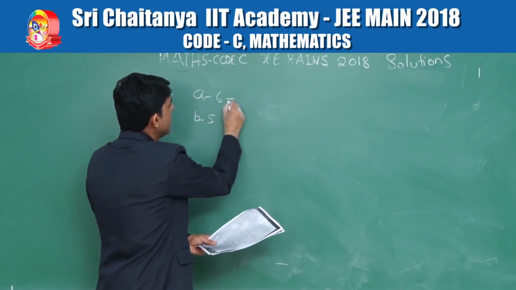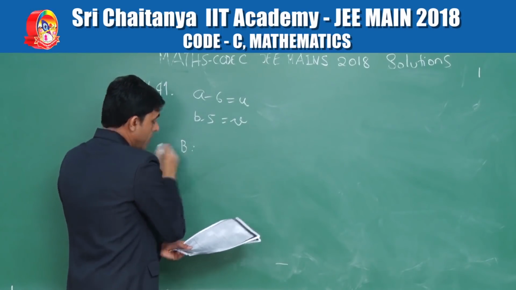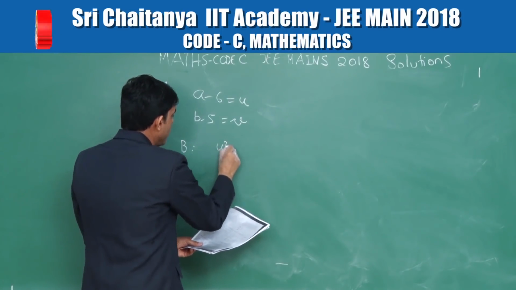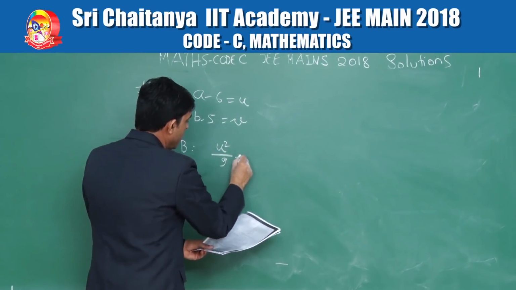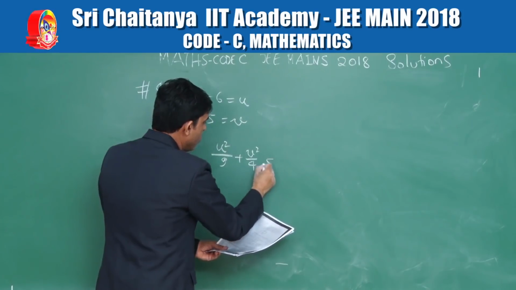We write A minus 6 is U, this is V, so set B becomes U square upon 9 plus V square upon 4 less than or equal to 1.